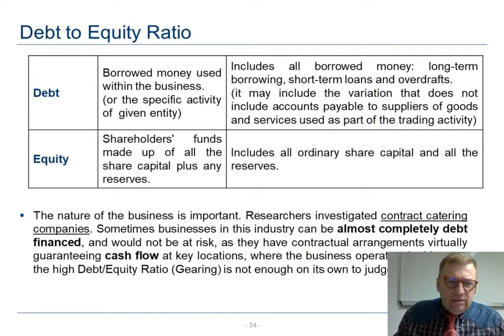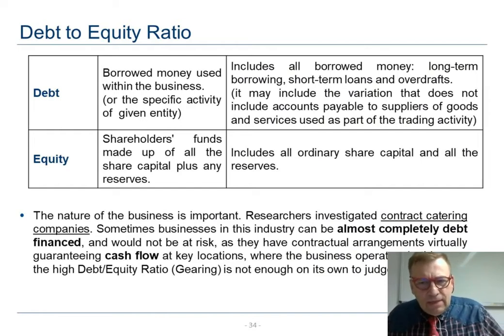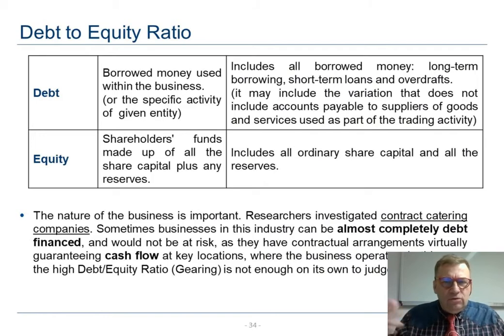Very important when we talk about this ratio, debt to equity, is the nature of the business. Because there might be some businesses that by nature are debt financed. Researchers found that catering companies, those who go with food to events, seem to be almost completely financed by debt because they have prepayments.